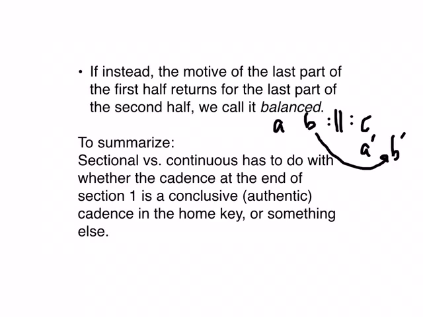So there we are in D major, the key of the dominant. Let me play that theme again so you can get it in your ears. And remember, that's the theme not at the beginning of the sonata, but at the end of the first section.